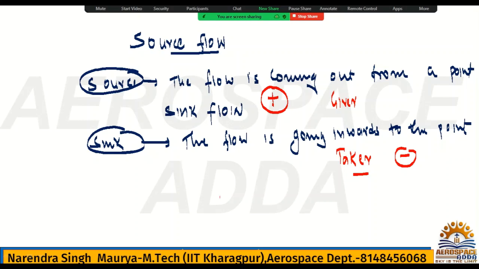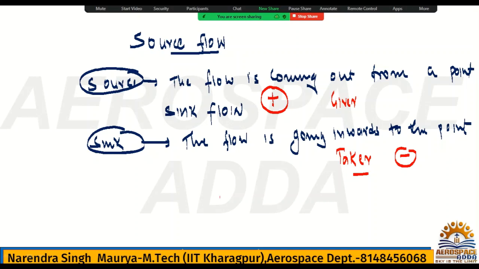So source, basically, is defined as: the source flow is the flow coming from a point and moving out radially in all directions of a plane at uniform rate.